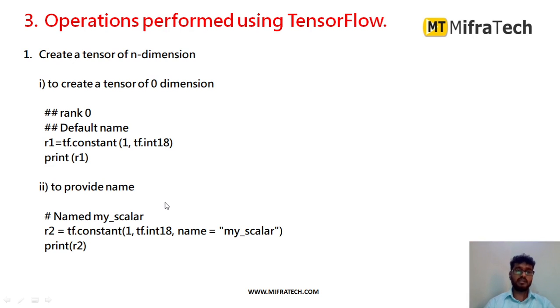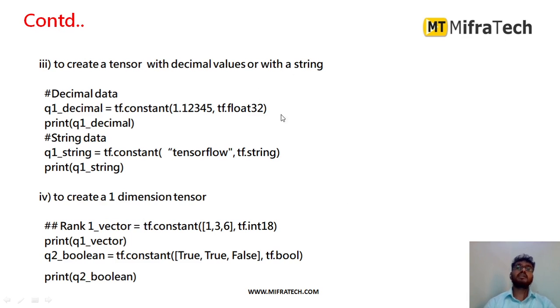You can also provide a name for that. To do that, we use tf.constant(1, data type), and we can give the name as myscalar. If I print, we are going to get the myscalar tensor. We can also create a tensor with decimal values or with a string. To do that, we use tf.constant, give the decimal value we want for the tensor, and mention the data type, that is tf.float32, so the 32-bit float value as a decimal.